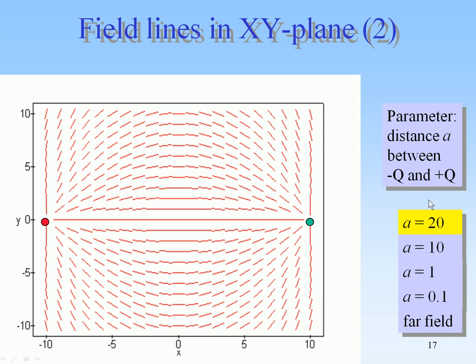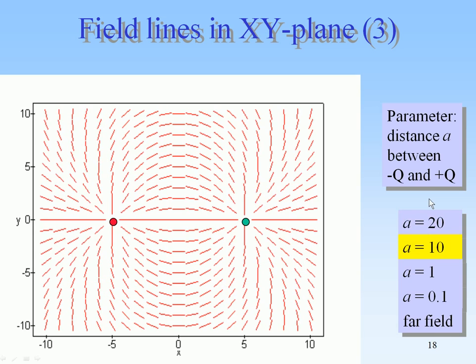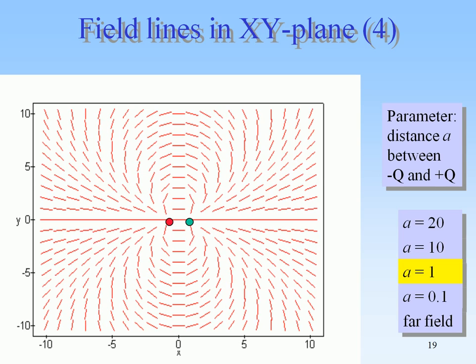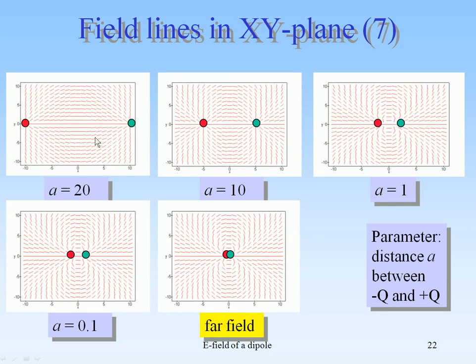When we decrease the distance, the field looks like this. Again, the field looks like this, and here a is 1/10. And this is the far field approximation. Altogether, here we have a is 20, a is 10, a is 1, a is 1/10, and this is the far field approximation.